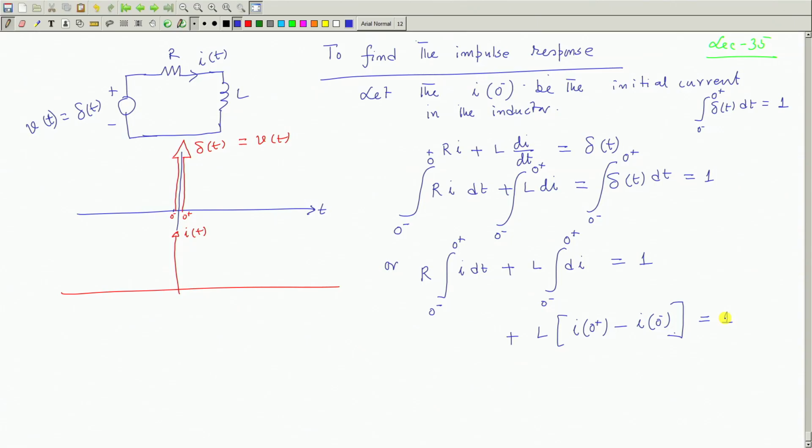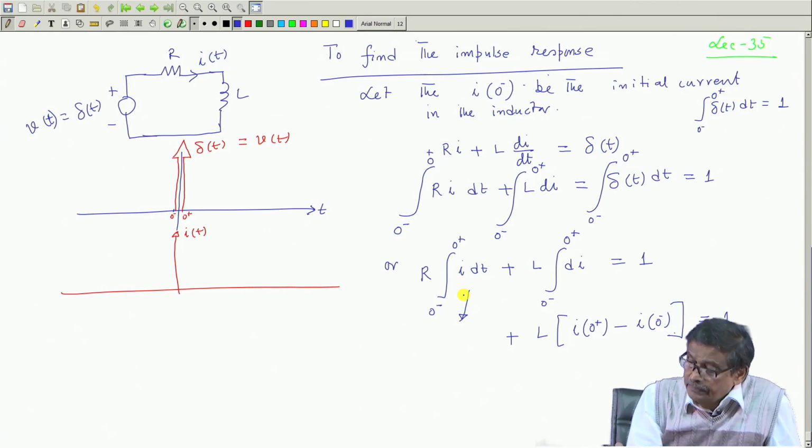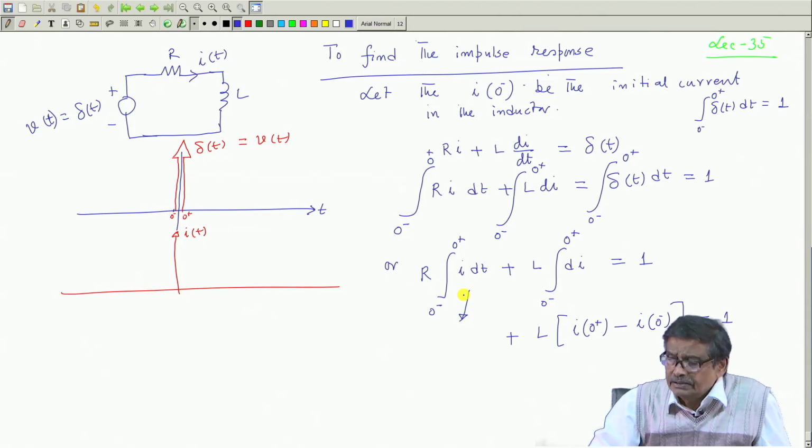Now, the question is, what will be the fate of this integral? There will be some current flowing, and the integral of a function, even if it has got a step jump, the area under this curve when dt is vanishingly small will be 0. Once again I am repeating, there will be some response of the current, it is expected.